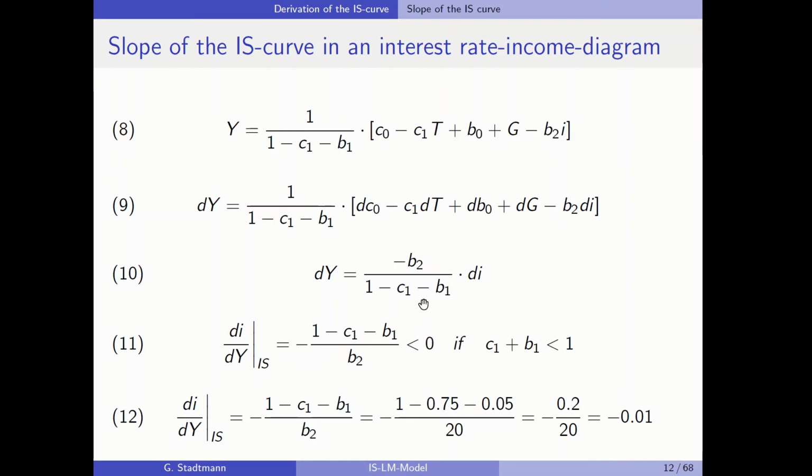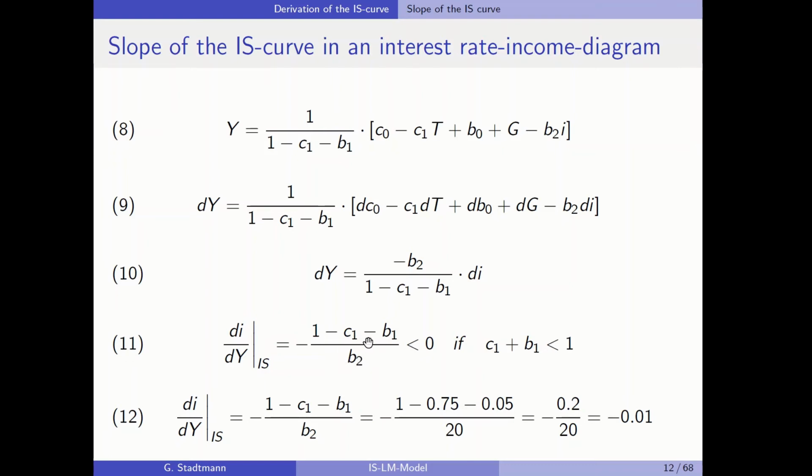Therefore, we have to put this fraction on the other hand side of the equation, and we have to put this dy on the other hand side as well. So numerator and denominator will flip around, and the slope of the IS curve is given by di dy is equal to minus (1 minus c1 minus b1) divided by b2.